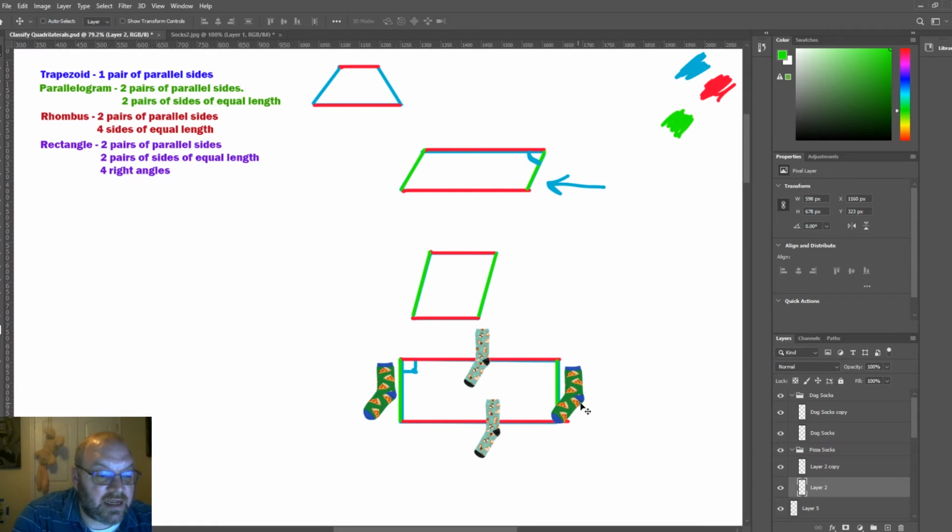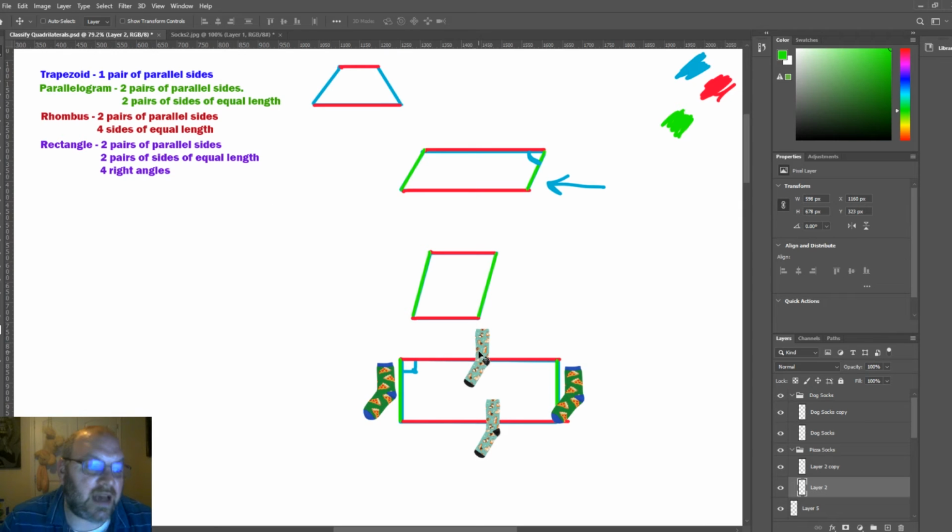The pizza sock is parallel to the pizza sock. That's one pair. Okay? So when it talks about two pairs, you're going to have four sides total, or four socks total, right? So two pairs of parallel sides. One pair of socks is right here, and they're parallel. Another pair is the pizza socks, and they're parallel. So that's two pairs.